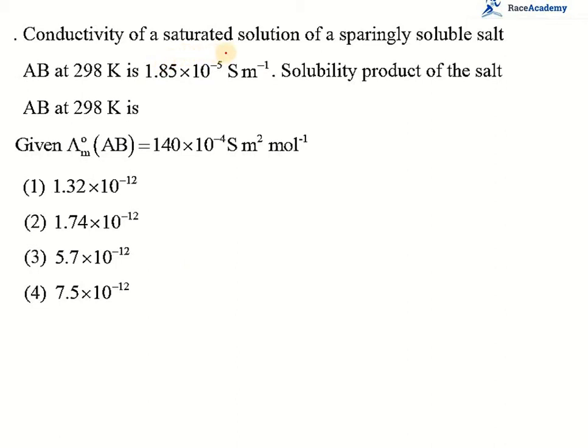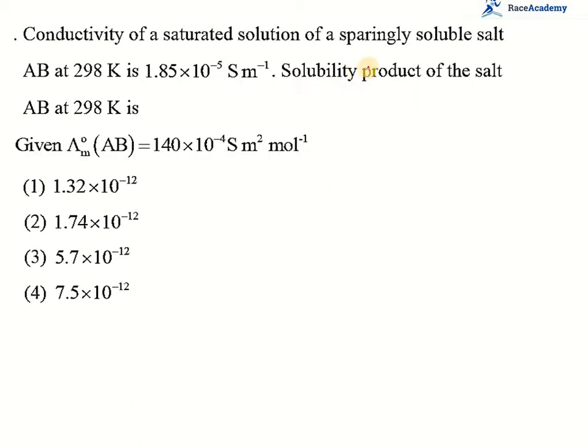Next, the conductivity of a saturated solution of sparingly soluble salt AB at 298 Kelvin is 1.85 into 10 to the power of minus 5 Siemens per meter. And the solubility product of salt AB at 298 Kelvin is how much? Given lambda m0 value is 114 into 10 to the power of minus 4 Siemens meter square per mole.